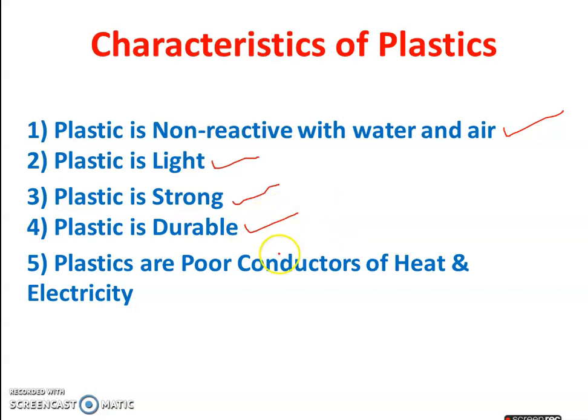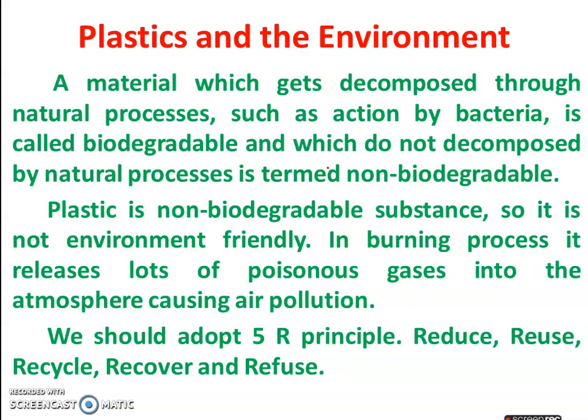Plastic is also a poor conductor of heat and electricity. So, because of these five properties, we use plastic in many ways. So, these are the properties and characteristics of plastics.